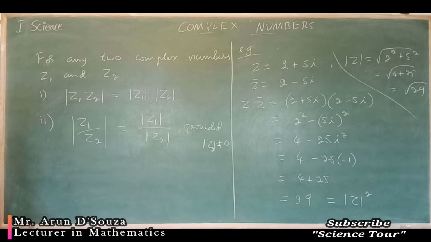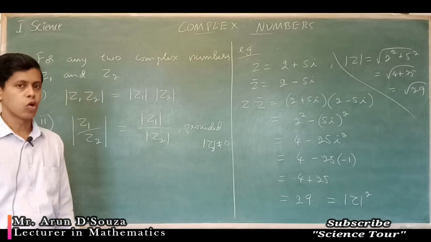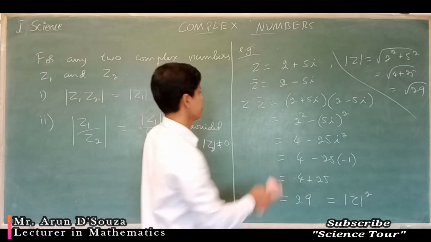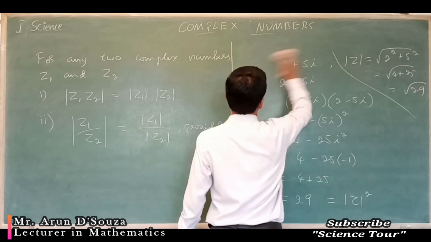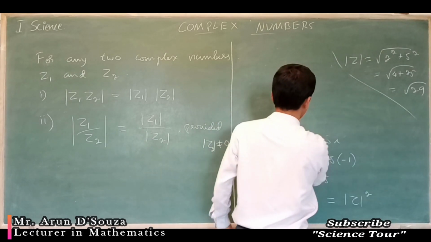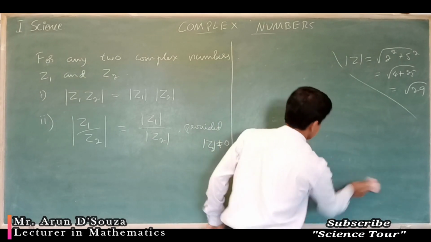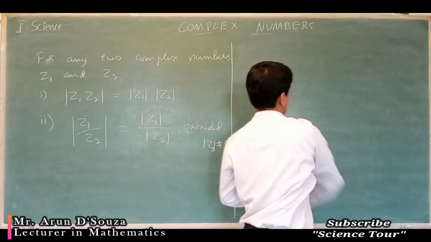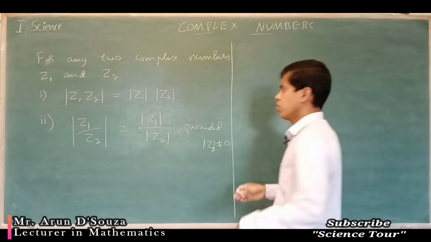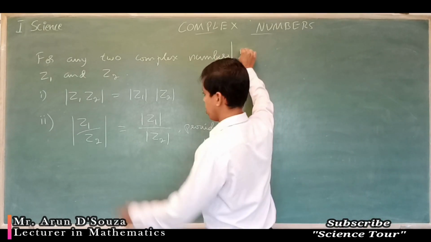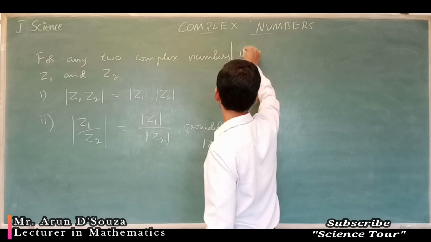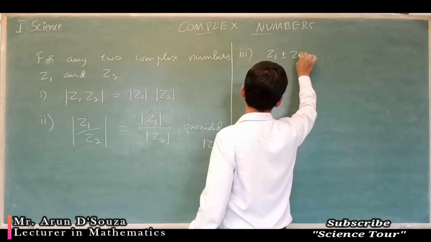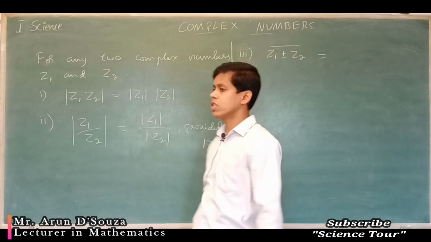So that is about two formulas for modulus. Now there are a few formulas for conjugate as well. Well, the first formula for conjugate: see what is happening here.